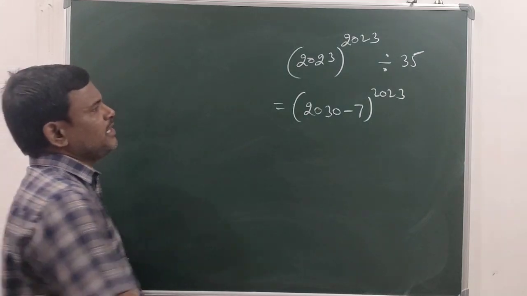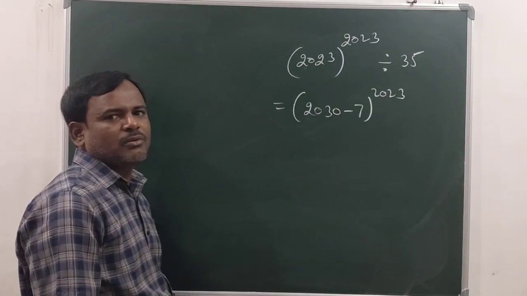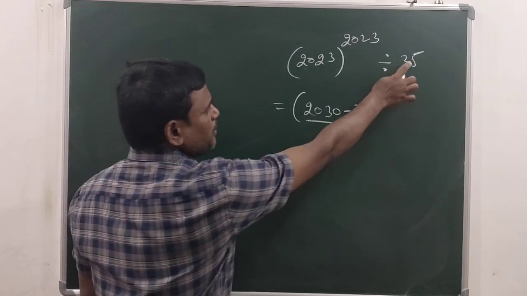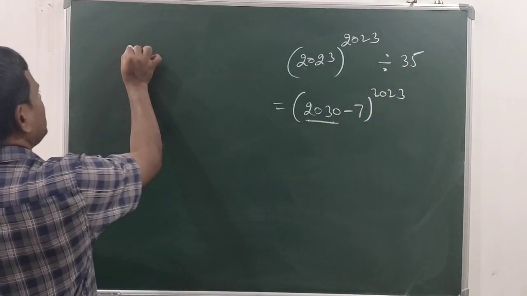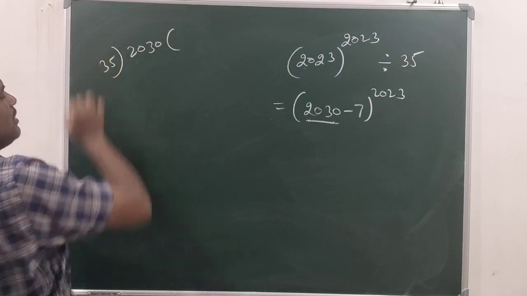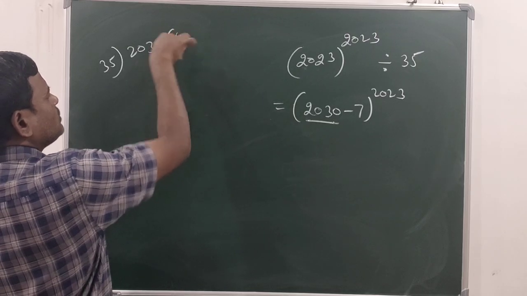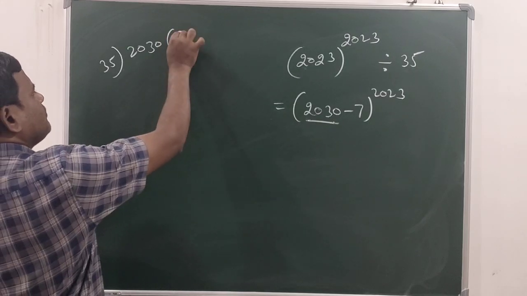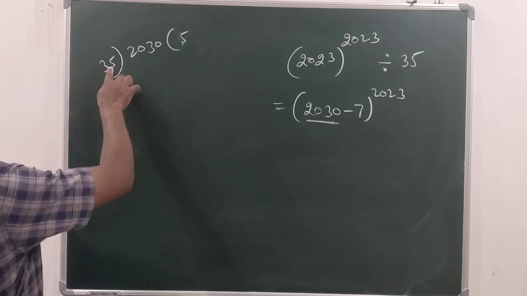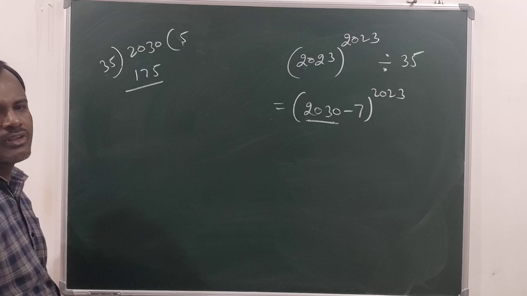See, here this 2023 I would like to write 2030 minus 7, because this is a multiple of 35. If you want, you can check it. 2030 divided by 35: 35 fives are 175.